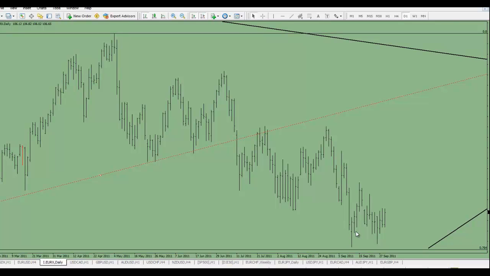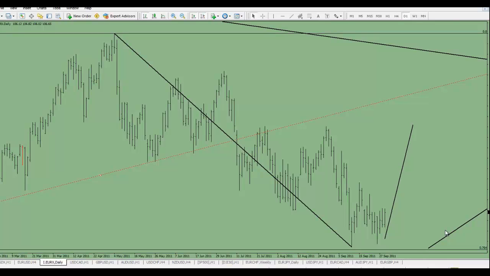Now here we can have two scenarios. We can have that this is the low, and then we're gonna have A, B, and Z to correct this whole move from here to here. If that's the case, the euro is gonna trade to a minimum around the 109, 110 area before a significant low.